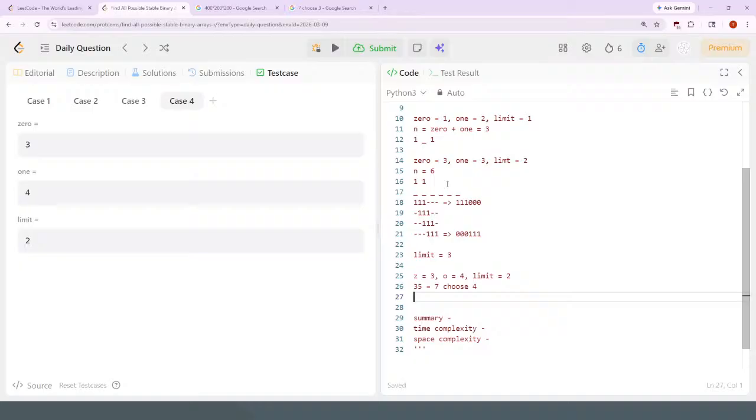Of those 35, how many ways are there to form with a streak of 3? Zeros or 3 ones in a row.